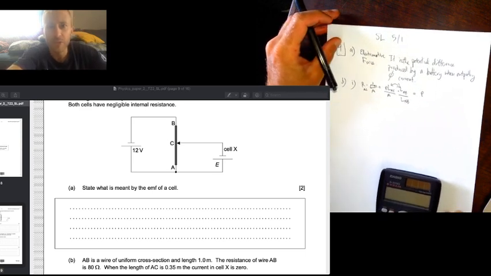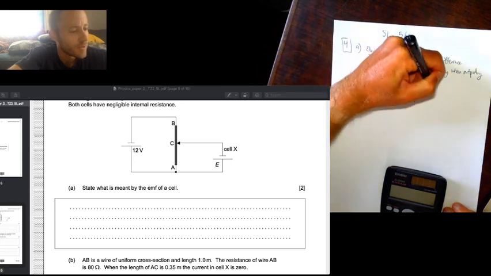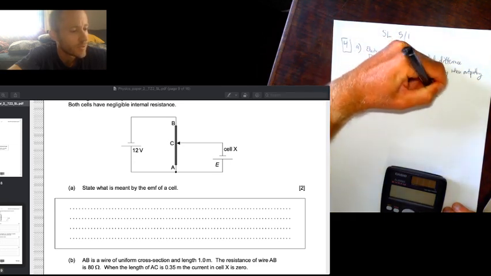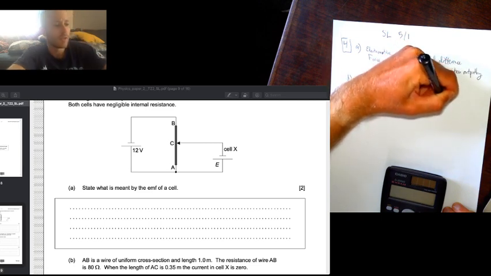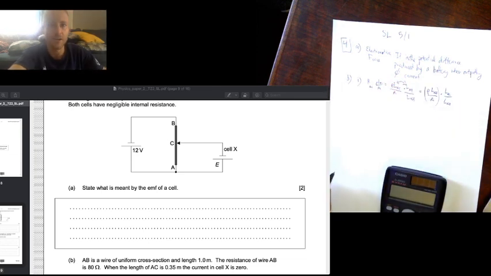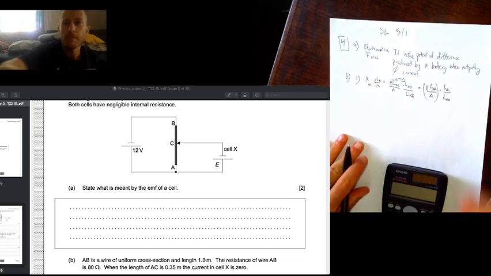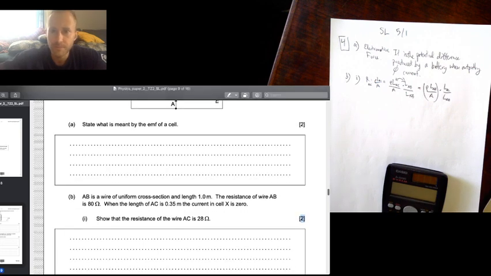I'm going to switch those, and I'll get rho times LAB over A times LAC over LAB. Now, if I look at this thing in parentheses, that's the resistance of the entire wire A to B, which I'm told is 80 ohms.